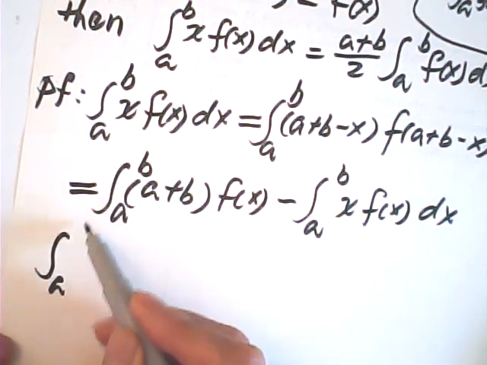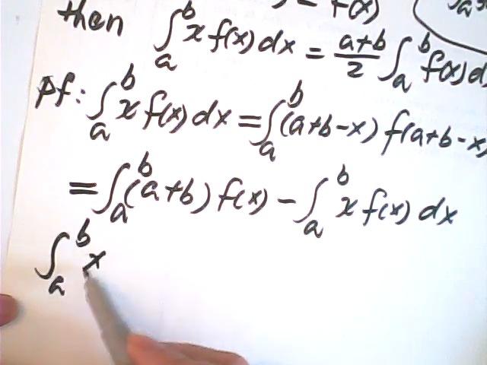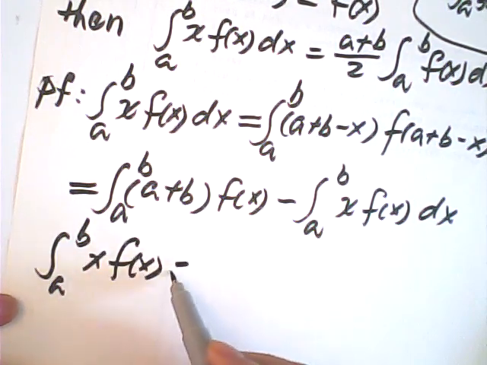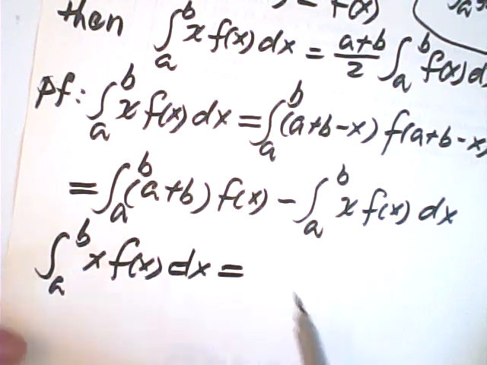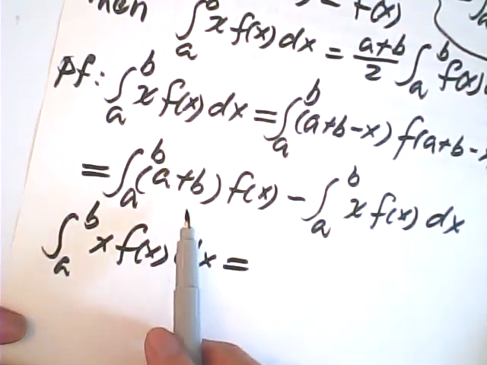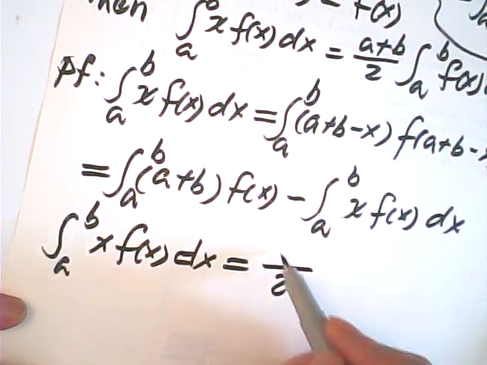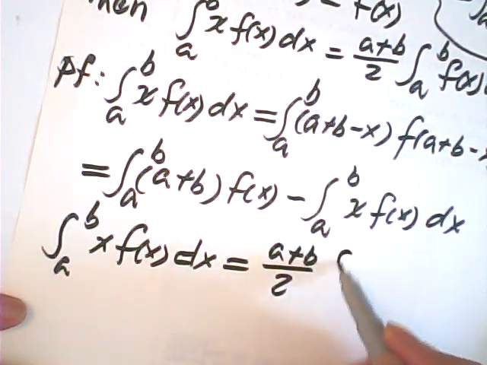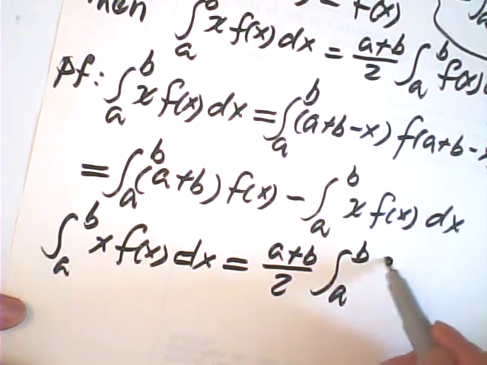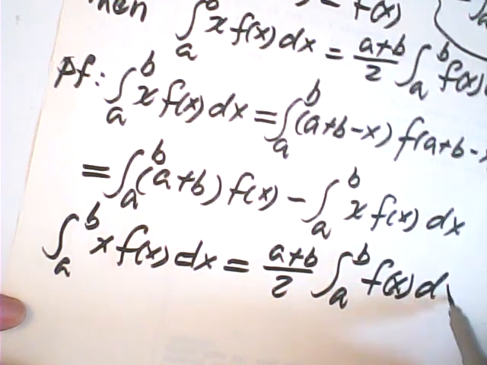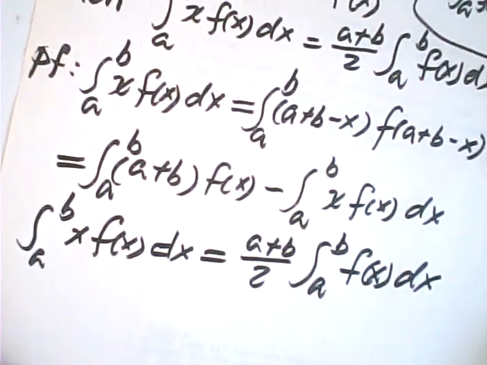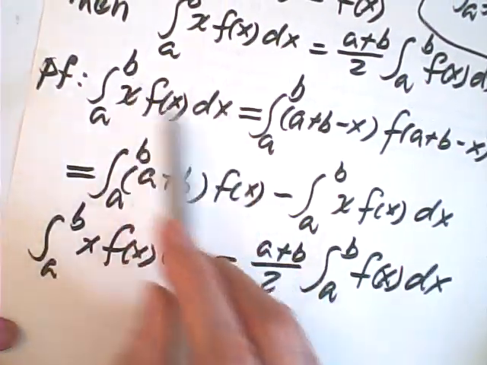So the integral from a to b of x f of x dx is equal to half of a plus b times the integral from a to b of f of x dx. Wow. So I proved this property.